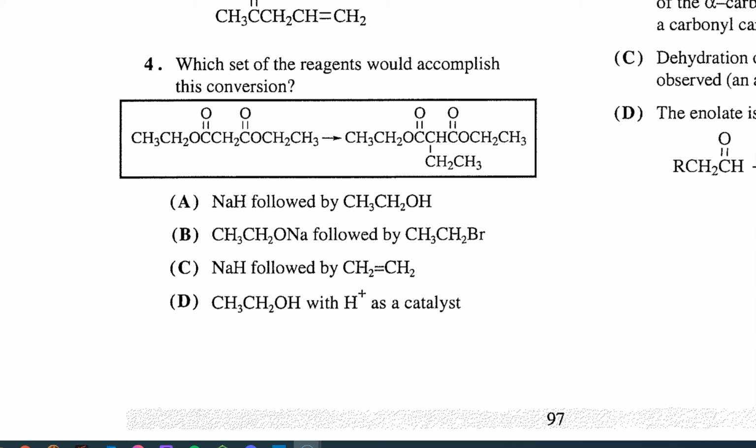There's no reason that an enolate would attack ethanol, because we have a nucleophile, but no electrophile. With C, again, we're going to have a nucleophile without an electrophile. We don't really ever see an alkene by itself being attacked by a nucleophile. So A and C, get rid of those.